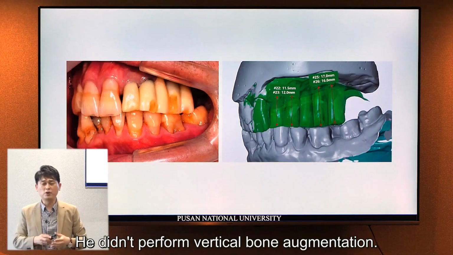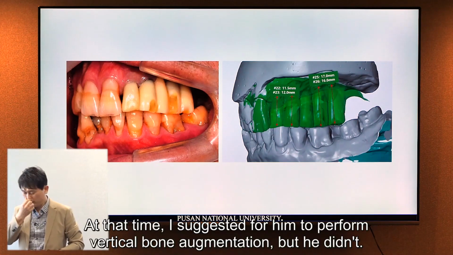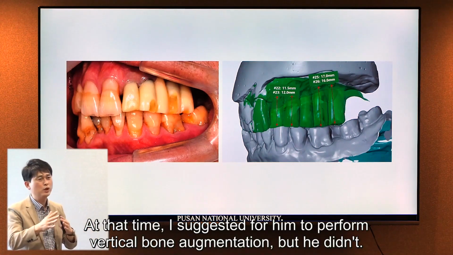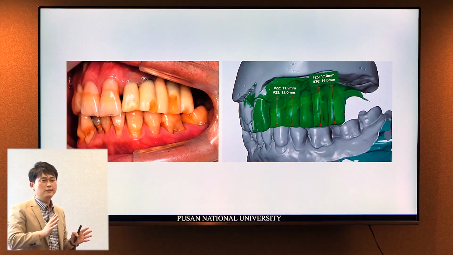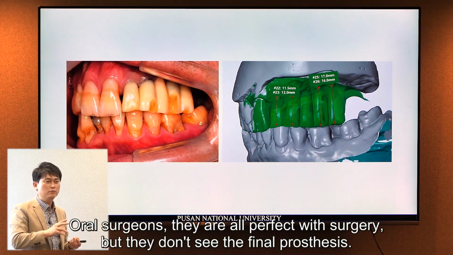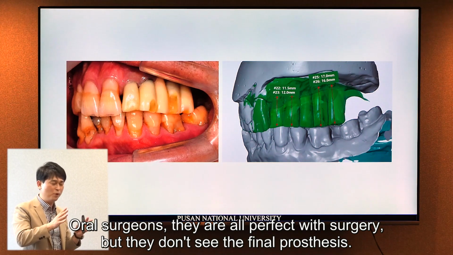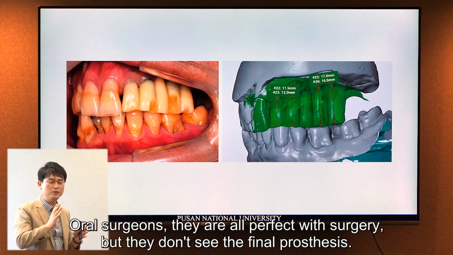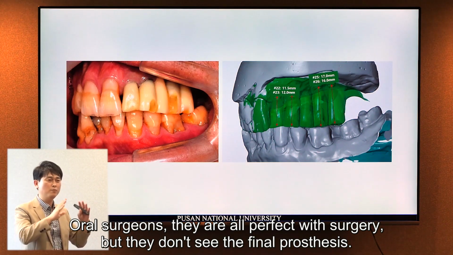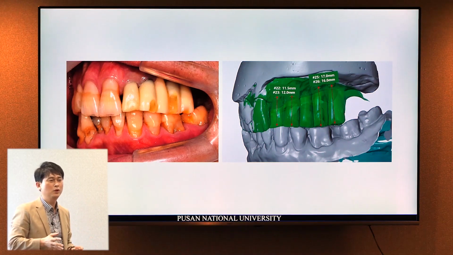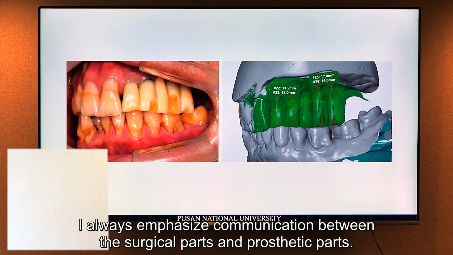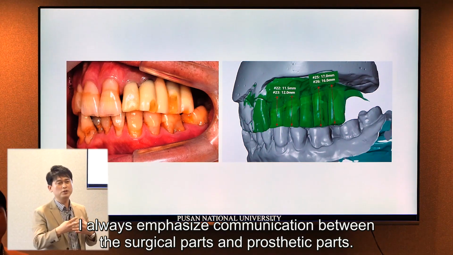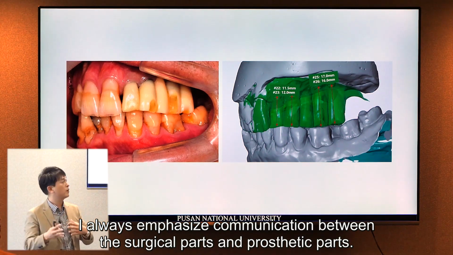Especially, he didn't do vertical bone augmentation. At that time, I suggested to do the vertical bone augmentation, but he didn't. Oral surgeons are all perfect in surgery, but they don't see the final prosthesis. So I always emphasize the communication between the surgical part and the prosthetic part.